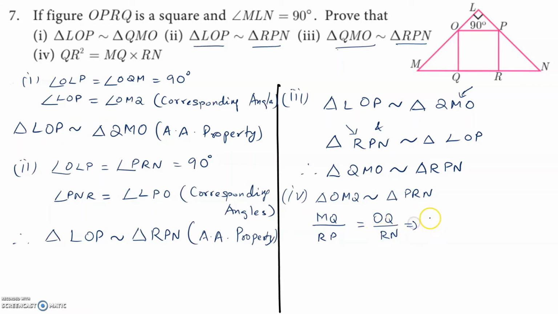Further multiplying, MQ into RN is equal to OQ into RP. Now OQ and RP are both equal to QR. So I can replace this with QR and this with QR, so it will become QR squared. So we can say QR squared is equal to MQ into RN. And that proves our requirement.